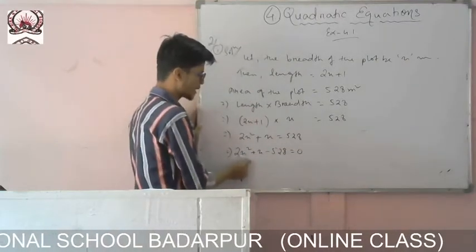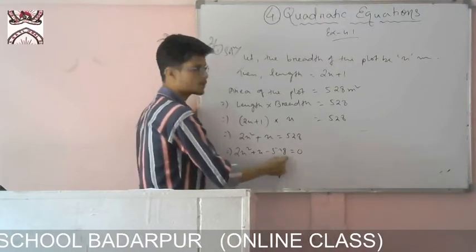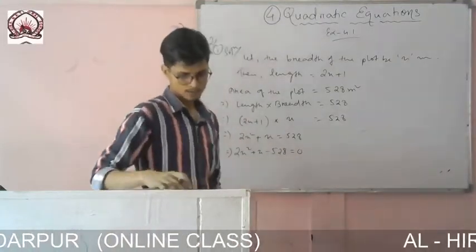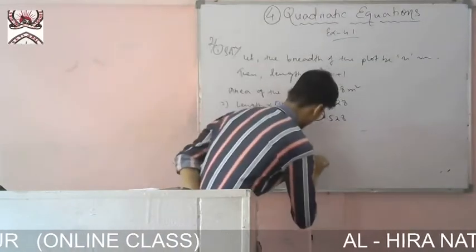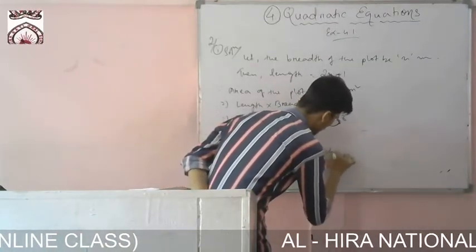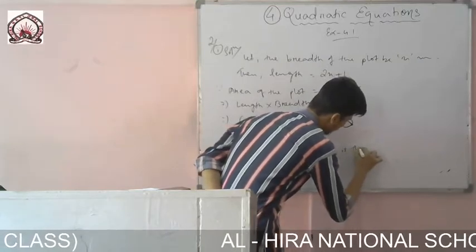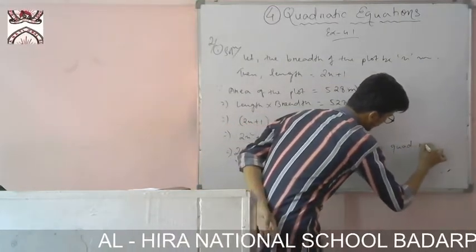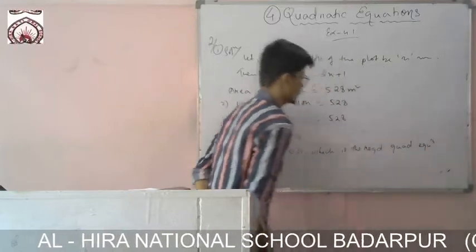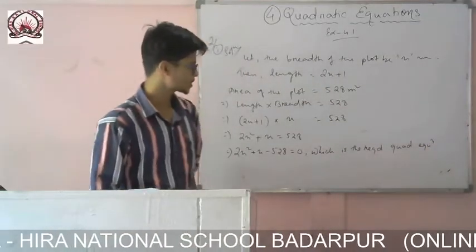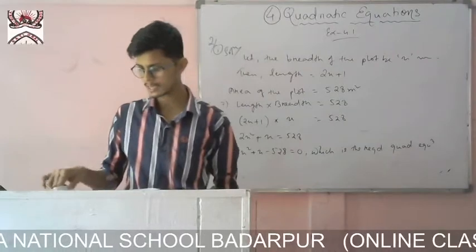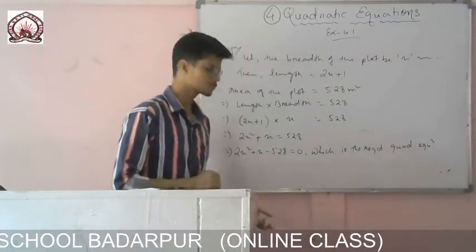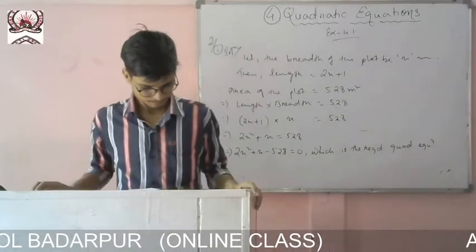You see ax square plus bx plus c equals 0. This is the required quadratic equation. The question asks to find only the equation, no need to solve it. If you want to solve, you can go on solving and you will get the answer.